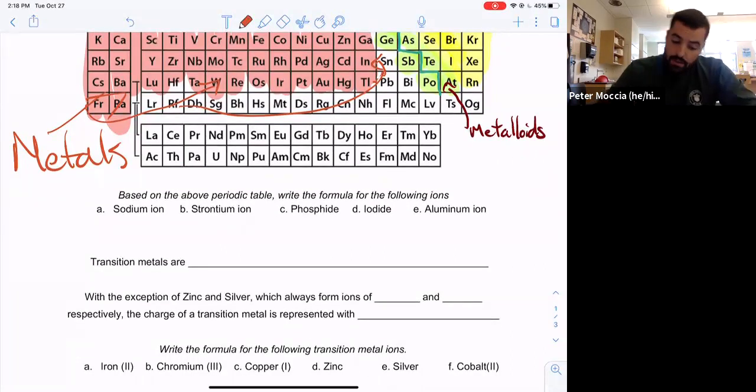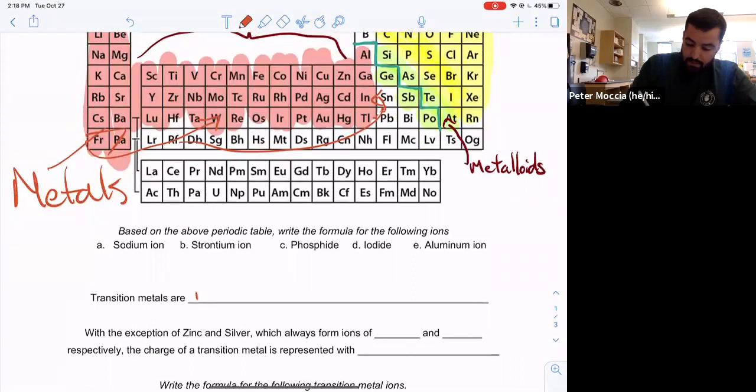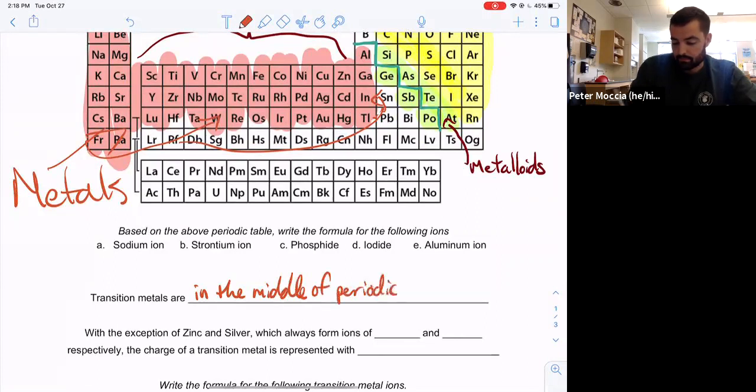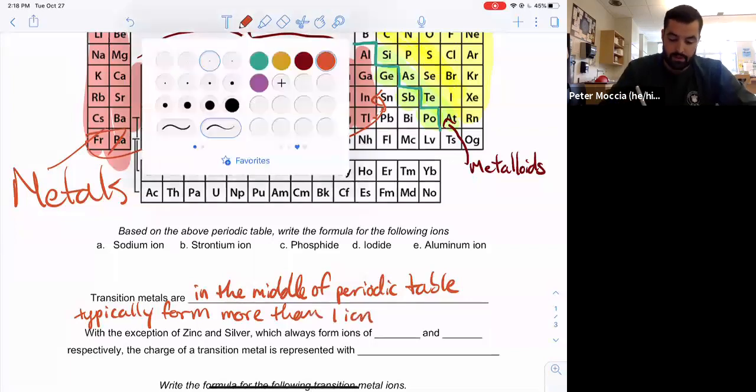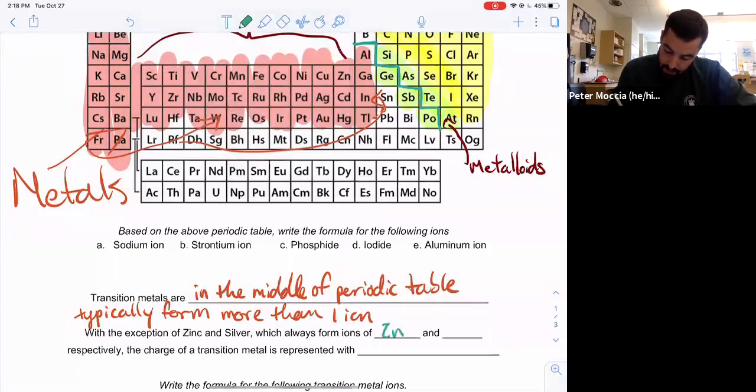Transition metals are in the middle of the periodic table, and they typically form more than 1 ion, with the exception of zinc and silver, which always form ions of Zn 2+ and Ag+, respectively.